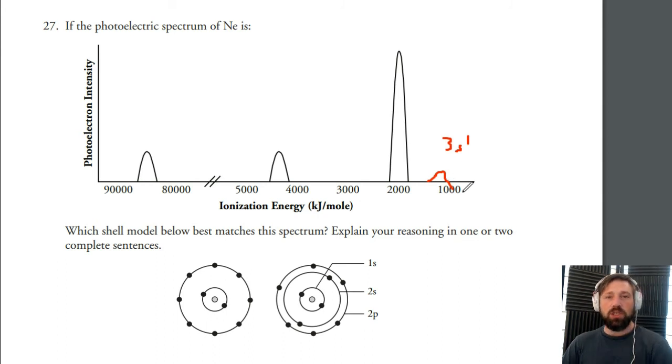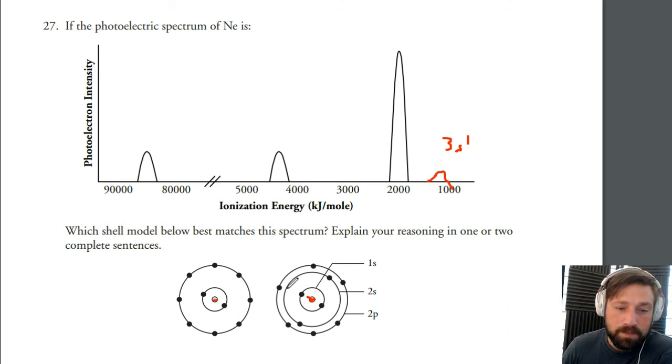But additionally, there's an additional proton here, so the ionization energy of these inner core electrons is going to be greater. Now we have more charge here. Remember Coulomb's law, charge and radius are going to affect the force.